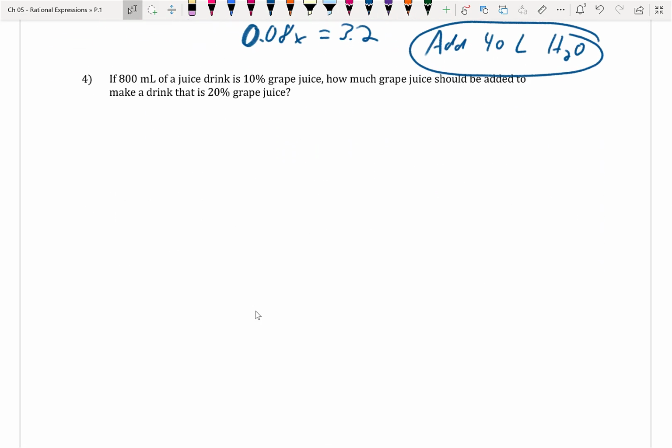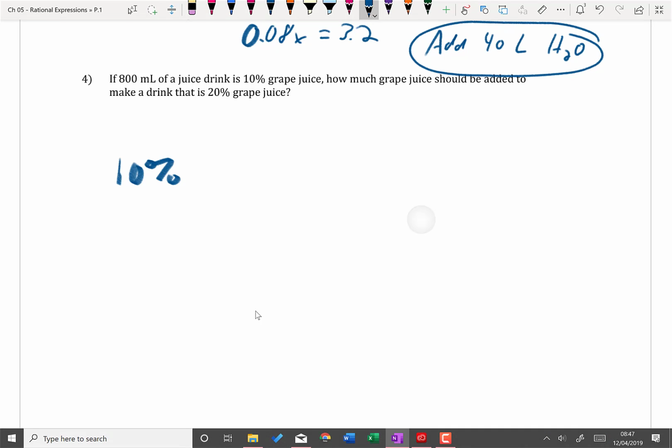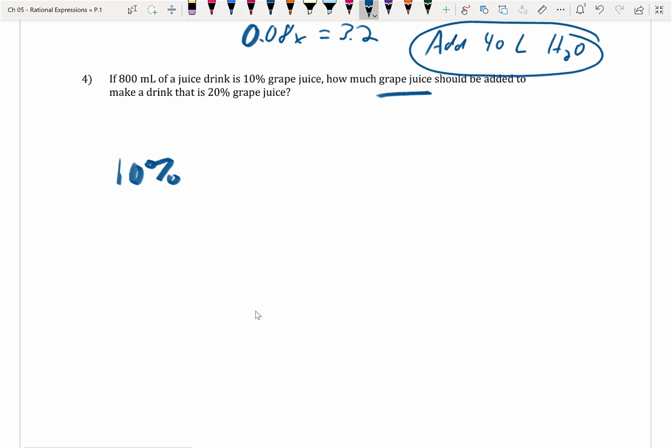Okay, last one. Same idea. We're just going to do this with grape juice so you don't get all burned in your esophagus. We have a 10% grape juice. We're adding grape juice. So when I add that, what am I really adding?